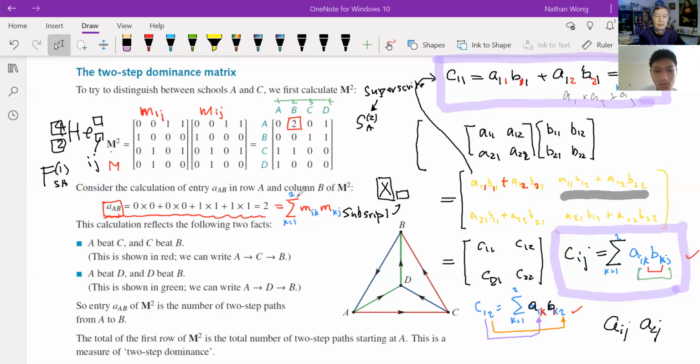Is that correct? Yeah, except it's a special case. It's A and that's IJ. That's correct. Yeah, that's correct.